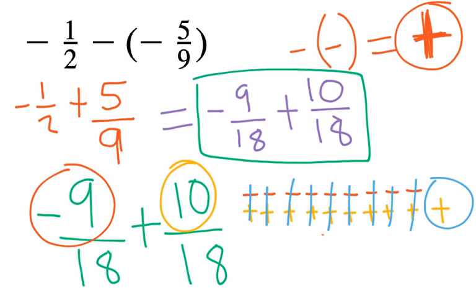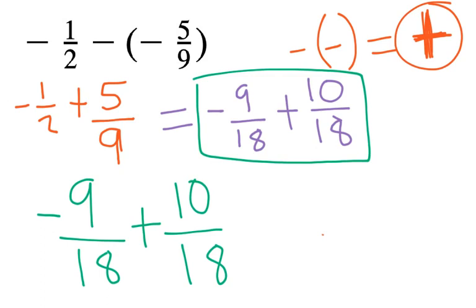So our answer would be plus 1, except we have to remember that it's not just plus 1, it's plus 1/18. So I'm going to rewrite this so it looks a bit nicer. Our answer, the positives won by plus 1/18.